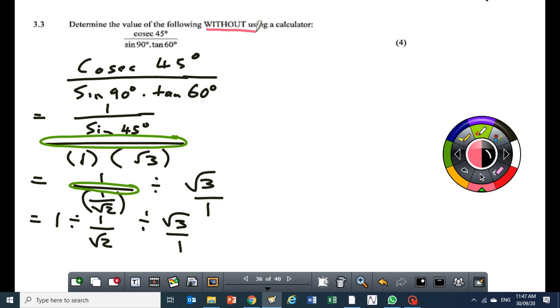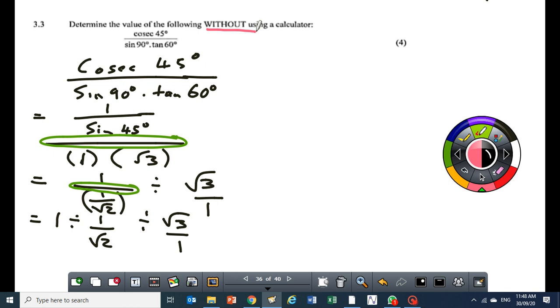You won't go wrong if you do it that way. And then you need to convert the division sign to multiplication. So this is 1 divided by 1 over square root of 2.